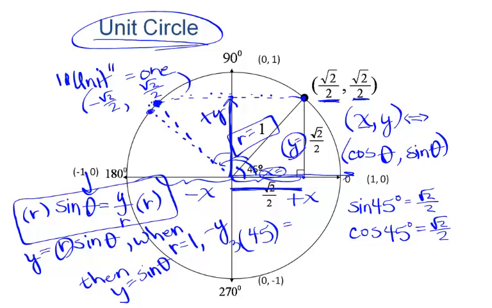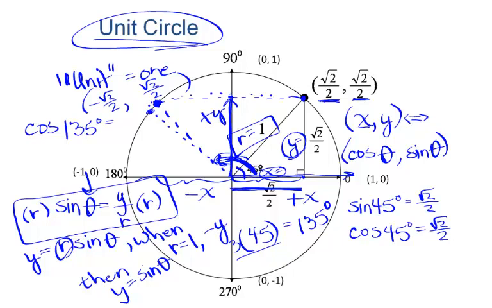And I could further say, let's figure out what 3 times 45 is. 45, 45, 90, and another 45 is 135 degrees. So this angle measure is 135 degrees. So if I ask you, what is the cosine of 135 degrees?